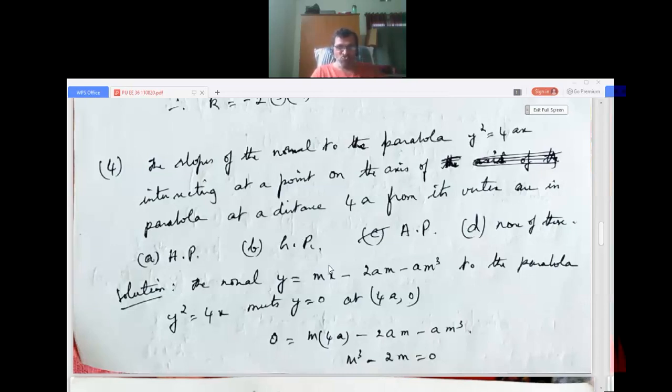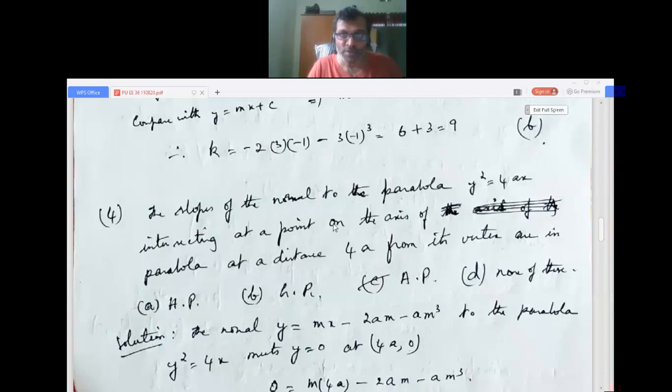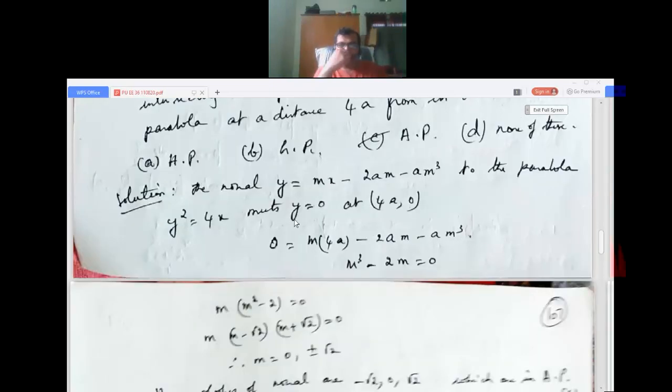Okay. Now the normal is given here, that is y equals mx minus 2am minus am cubed to the parabola y squared equals 4x. So it intersects the x-axis. The normal is intersecting at a point P on the axis of the parabola. So axis, suppose I say the equation of x-axis is y equals 0.